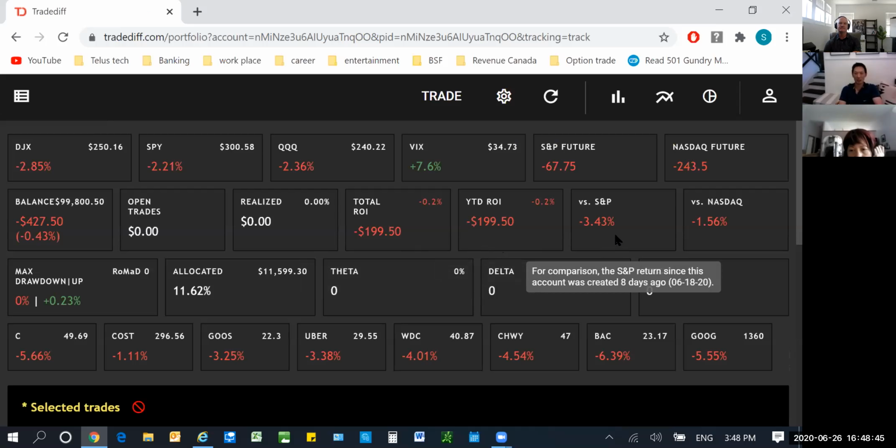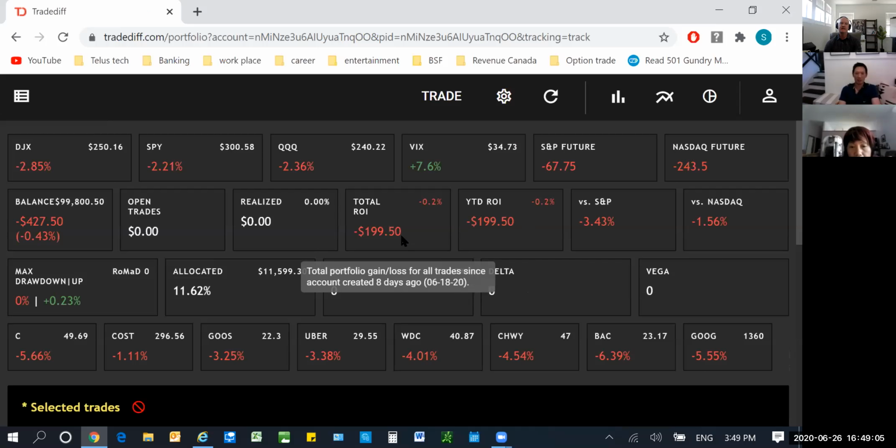Right now it looks like you're doing better than the S&P and the NASDAQ, because the S&P is down 3.4% since you started this portfolio, and you're down 0.2%. If you look at your total ROI, it says negative 999 and negative 0.2%. So you're actually doing better than the S&P right now because it sold off. Those are interesting things.